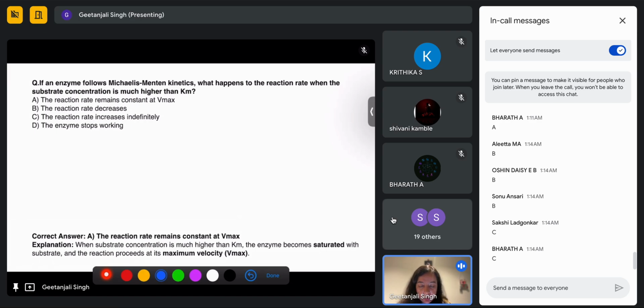If an enzyme follows Michaelis-Menten kinetics, what happens to the rate of reaction when the substrate concentration is much higher than Km? A, the rate remains constant at Vmax. B, the reaction rate decreases. C, the reaction rate increases indefinitely. D, the enzyme stops working.